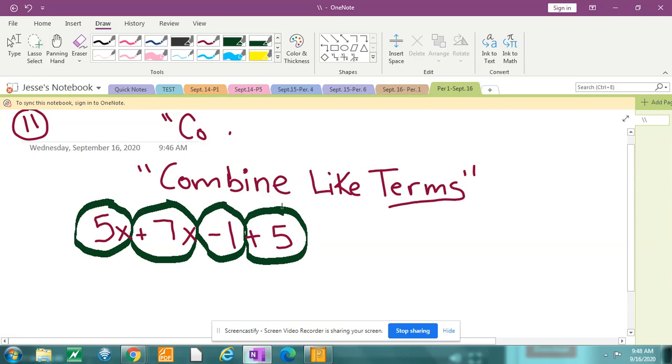What does that mean? Well, you have 5x, the coefficient with the variable. Which other term has an x? This one right here. You're only going to combine these two. What about the negative 1? That's a constant, so you're going to do that separately.